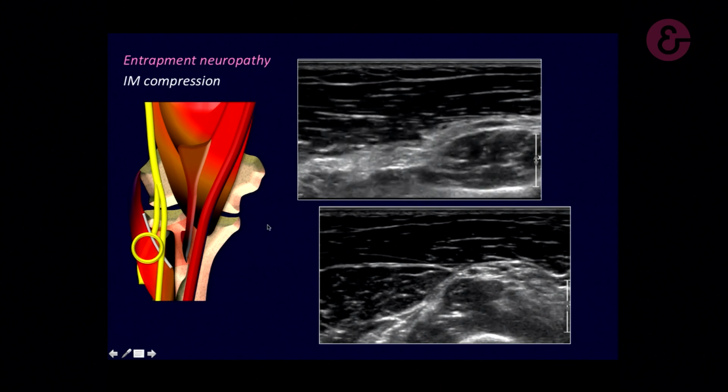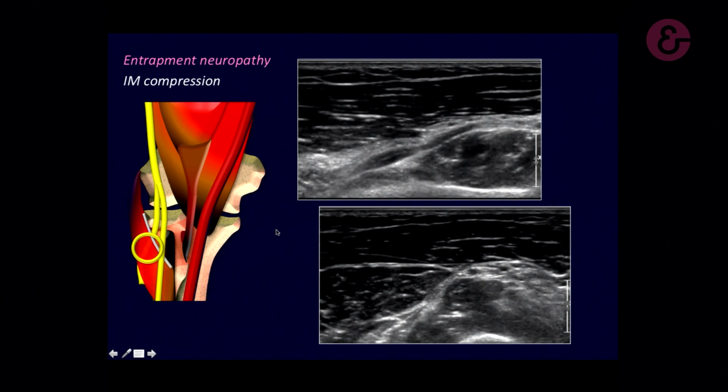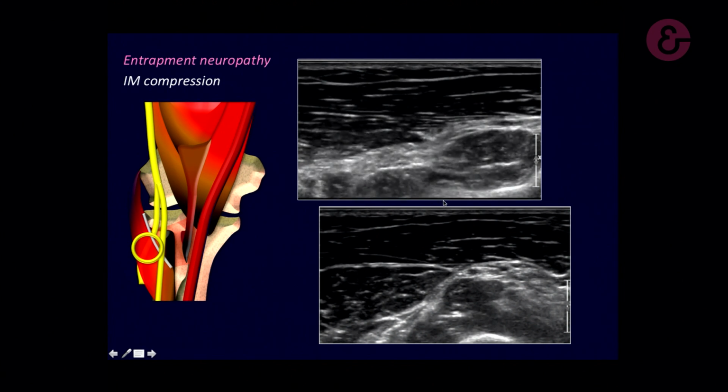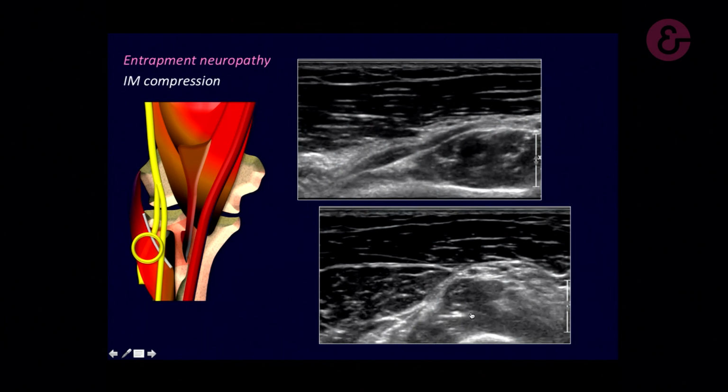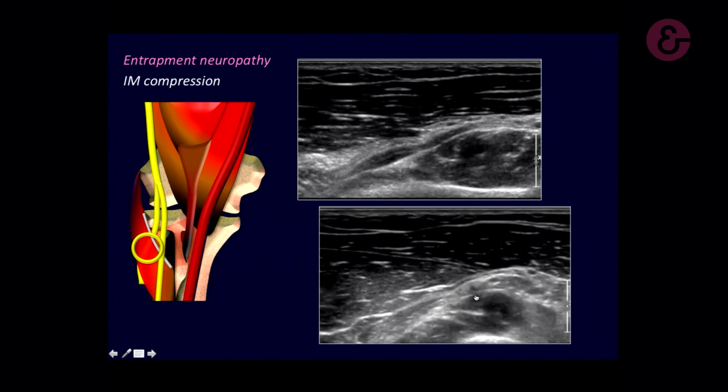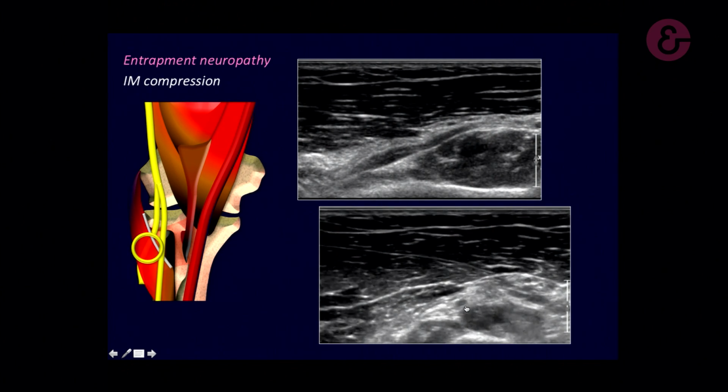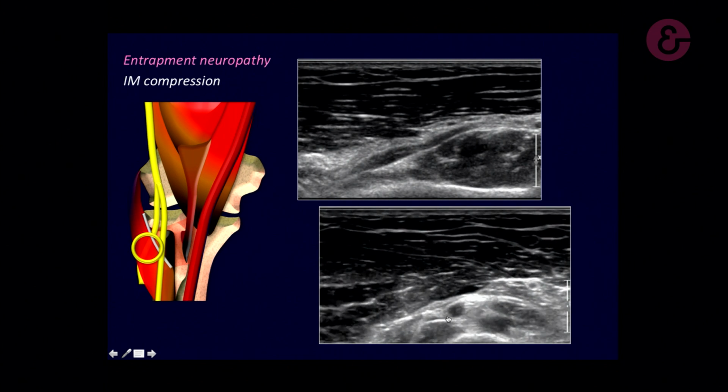And the most interesting thing, which is, again, not described in the literature, is the appearance of the supinator muscle itself. This is longitudinal, and this is axial. The nerve, swelling over the nerve.